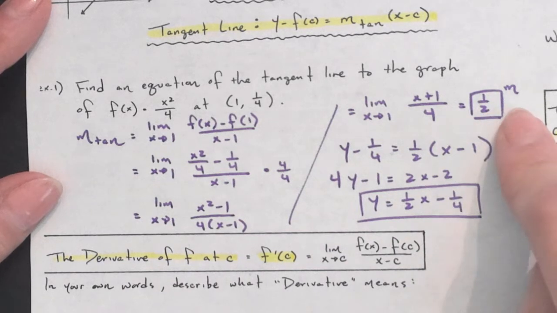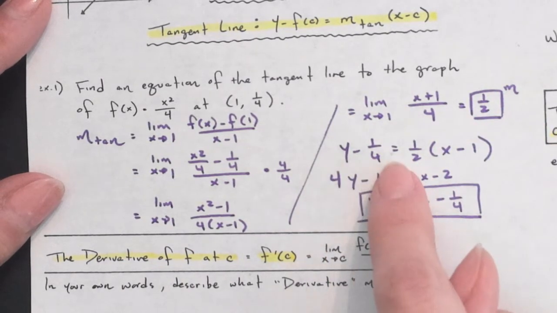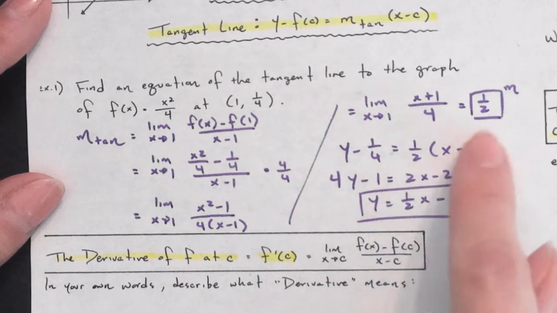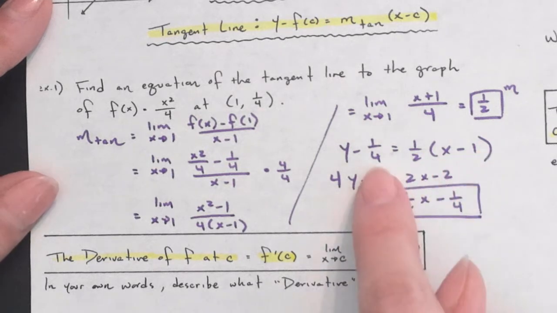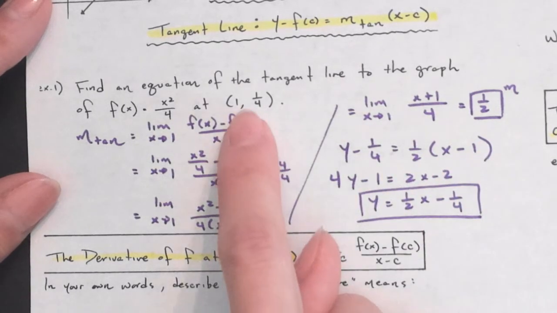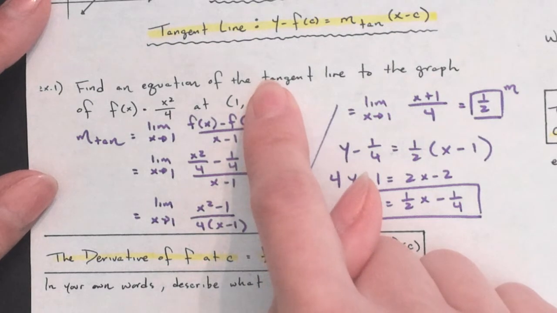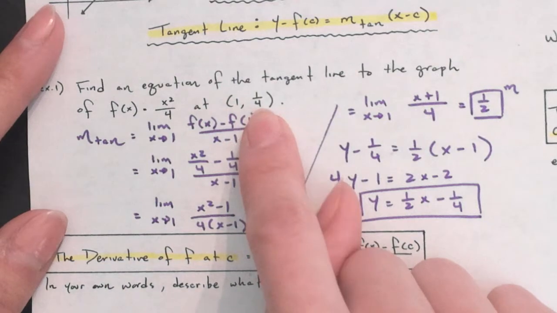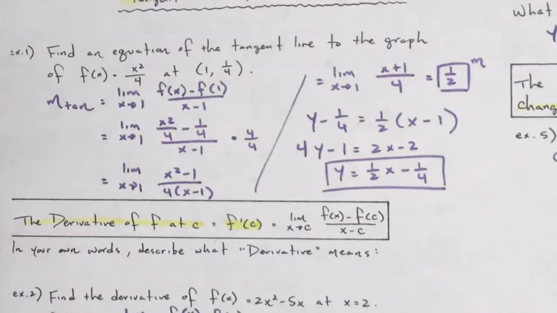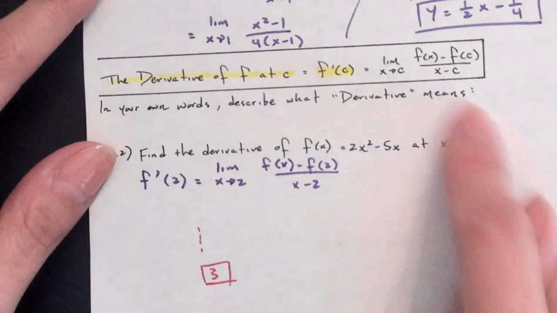And then all we do now is we plug into y minus y sub 1 equals slope of the tangent line times x minus x sub 1. Where do we get the x and y from? They give it to you in the problem. What if they don't give you a y value? If they don't give you a y value, you take the 1, you plug it in, and you find the y value. Okay. The derivative, again, same thing, is m tan.